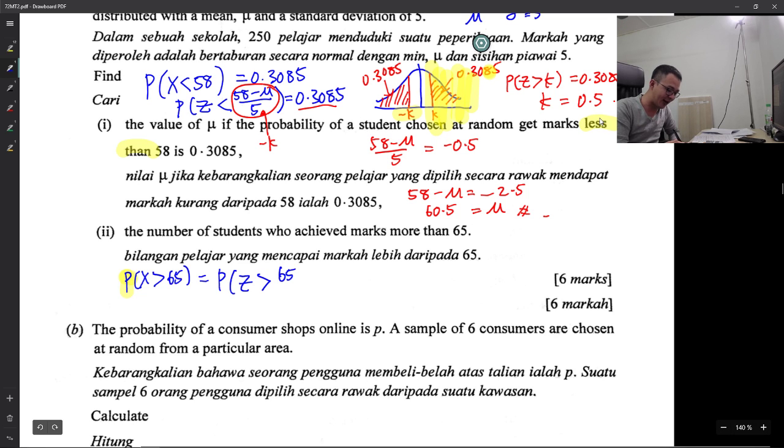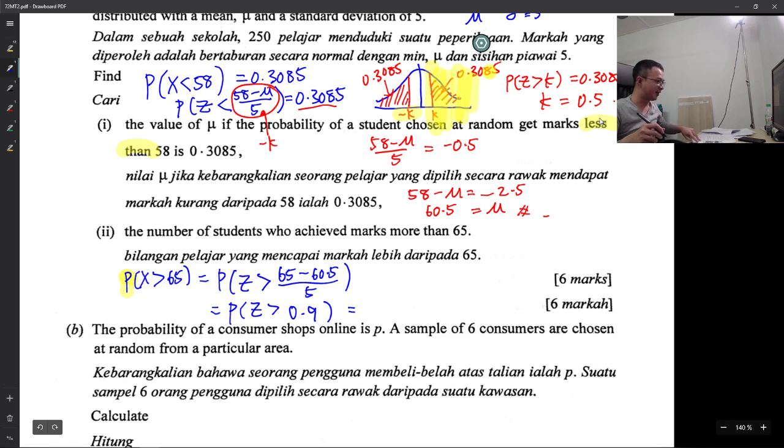This will be x minus mean 60.5 over standard deviation 5. Then I know probability z is bigger than 65 minus 60.5 divided by 5, which is bigger than 0.9. Then you can use the table.